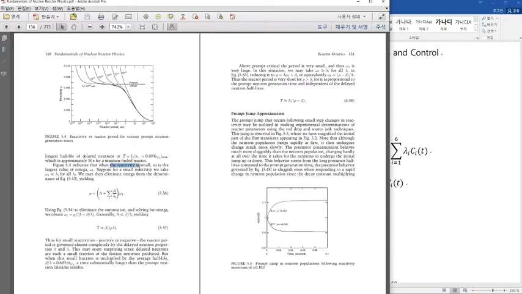This is the case for a given prompt generation time, capital lambda, and it gives us the reactor period for a specific reactivity value. If the reactivity is 0.002, then the prompt generation time does not have a significant contribution to the reactor period, and the reactor period will be approximately between 10 seconds and 100 seconds.